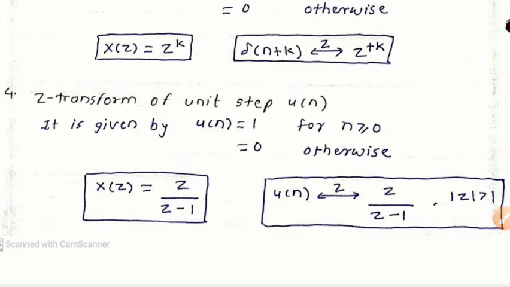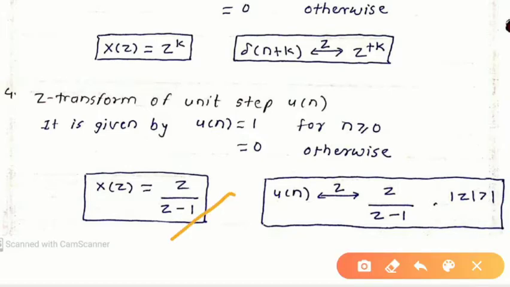X of z is equal to z upon z minus 1. You have to remember these are the Z transforms of the standard sequences. So the Z transform of the unit step signal will be z upon z minus 1.